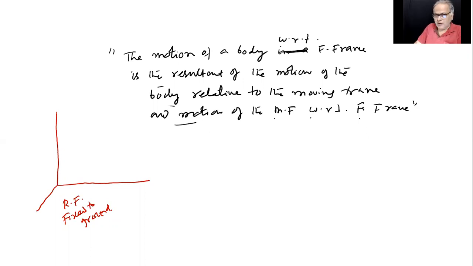But labs will be fixed to ground, earth. Doesn't matter. Reference frame fixed to ground. Once again, I am telling you, don't say it is in the mind, it is actually a very physical one. Say for example, this is my iPad and there's an ant moving on my iPad.